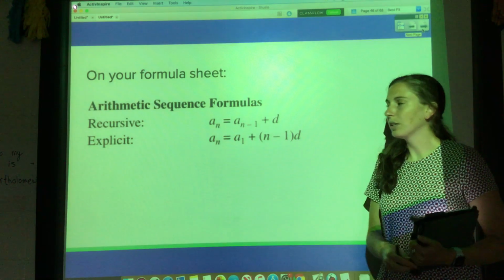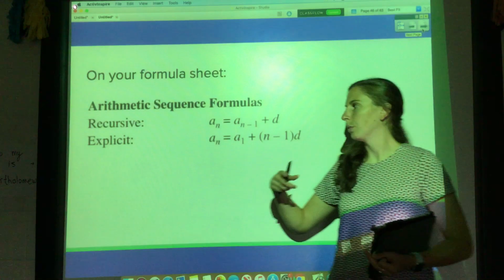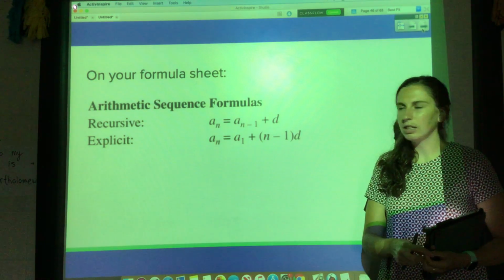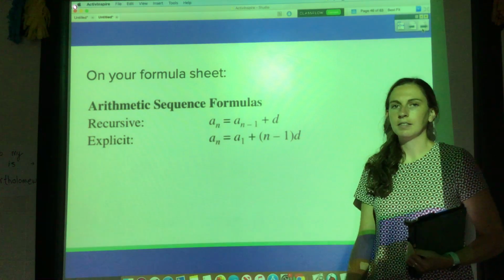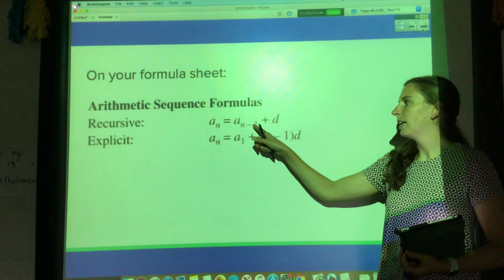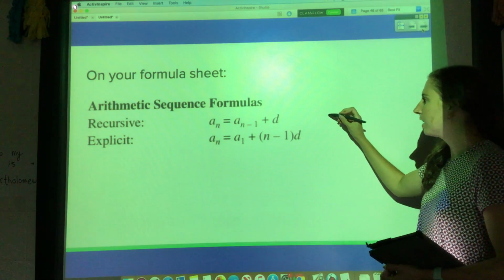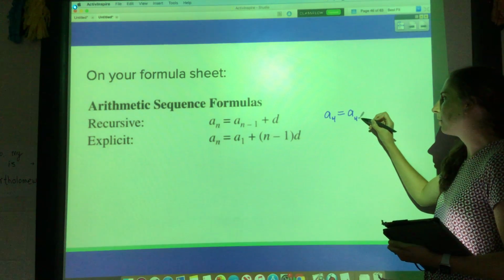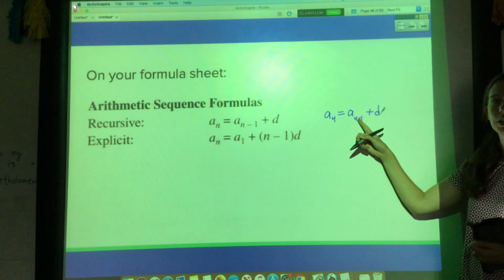So arithmetic sequence formulas, and then it gives you the recursive formula. This looks a little different than what I just wrote, but it's actually the same thing. It says for any term, an, you take the term before it, an minus 1, and add the common difference. For example, if I wanted to find the 4th term, a4, I would do a4 minus 1, which is just 3.